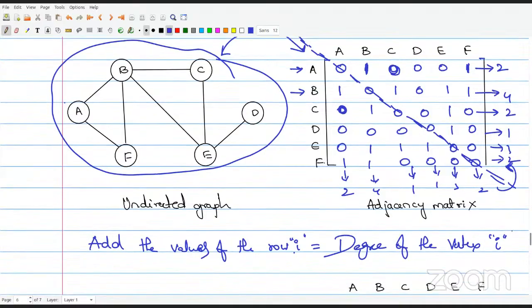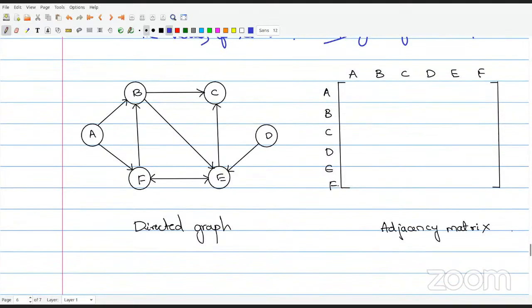For a directed graph also, it's the same thing. So I will fill it. From A to A, there is no edge. From A to B, there is an edge, so 1.